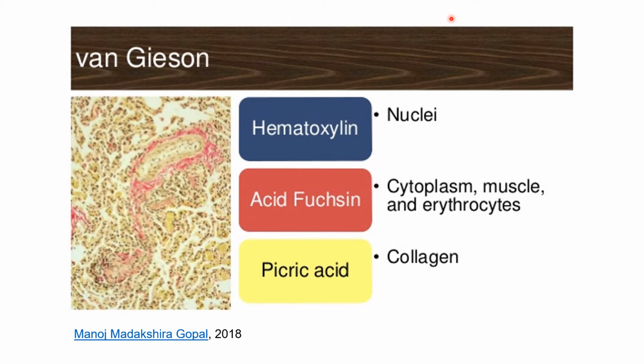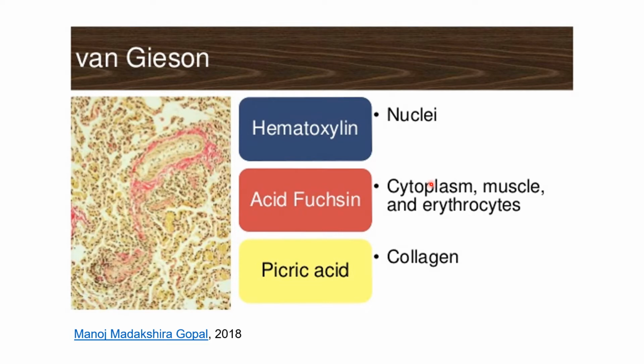And usually stains are solutions, so therefore there is a solvent. Usually we use water or ethanol as a solvent for our pigment or colored molecule.